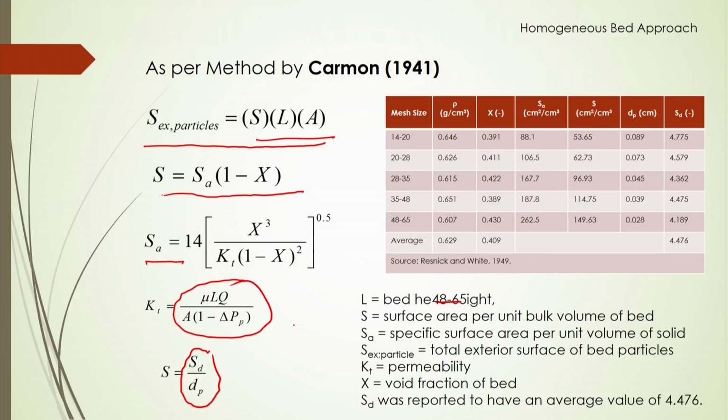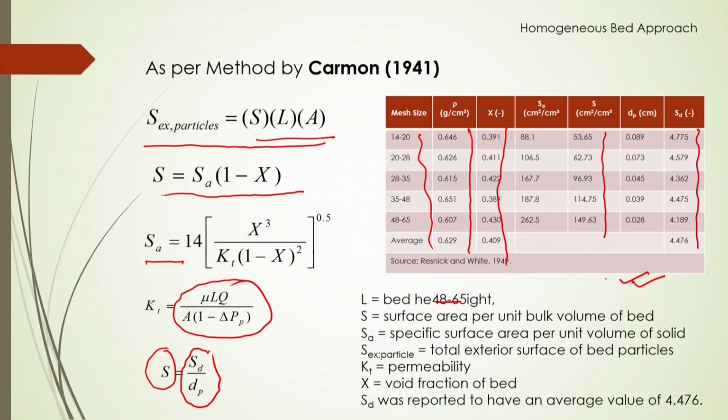It is seen that S is defined as S_d by dp. How this S_d changes with respect to particle size is given in one source, which shows how it changes with mesh size, how the surface area depends on the particle size, and what the x value and the density of the particle are, based on which the S_d value can be calculated.